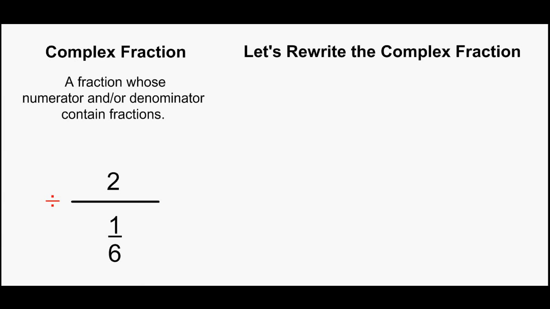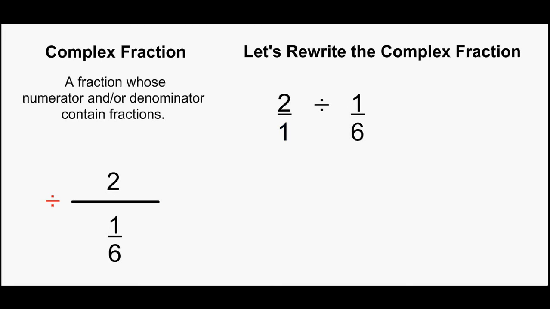Let's look at a complex fraction with a numerator of 2 and a denominator of 1/6. First, let's rewrite the complex fraction as a division problem. The whole number 2 can be written as a fraction by placing a 1 in its denominator. 2/1 divided by 1/6.